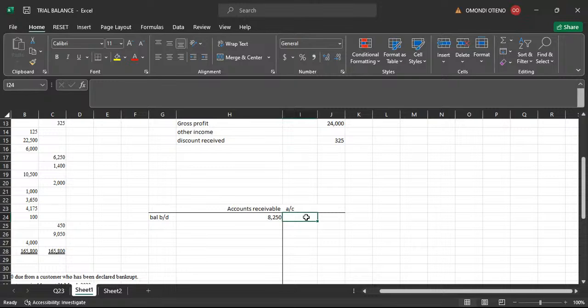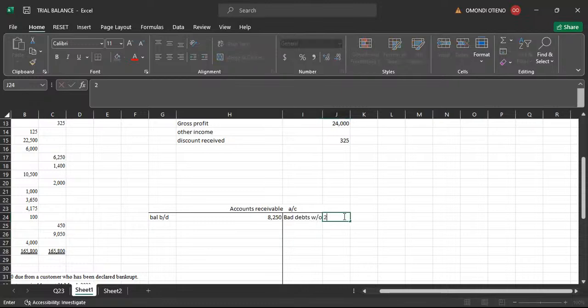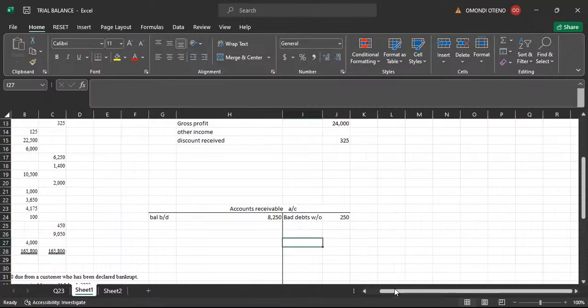So we are going to have here bad debts written off. We are going to take it to bad debts written off. Of what value? 250. So if we take it now there, they are giving themselves an allowance.